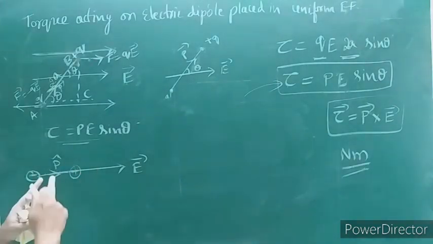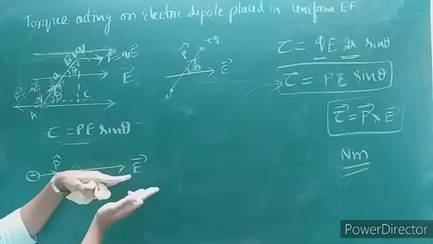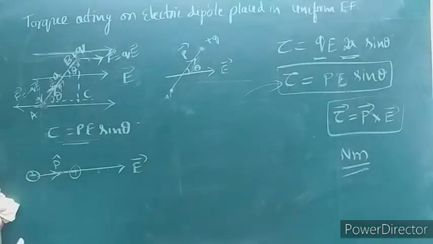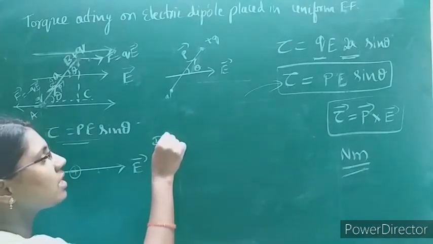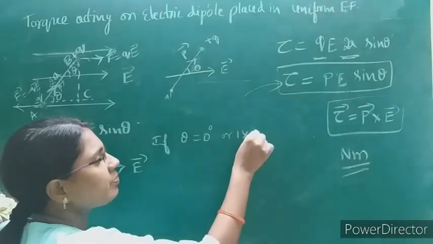If the dipole moment direction and the electric field vector direction are the same, then the angle between them is 0 degrees. That means if the dipole is along the direction of the field or opposite to the direction of the field, theta is 0 or 180 degrees.